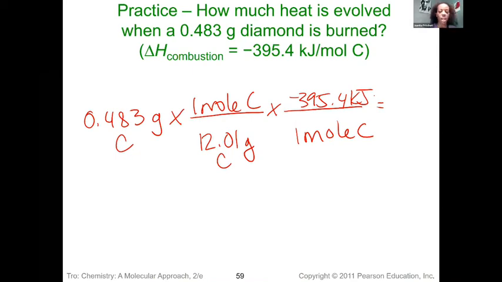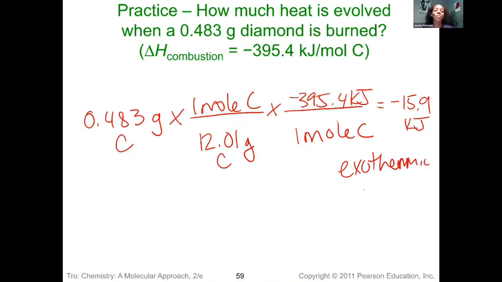And that'll get us an answer of negative 15.9 kilojoules. And again, that should make sense because we are evolving, we're losing heat, and so we have this negative value. This also would be considered an exothermic process.